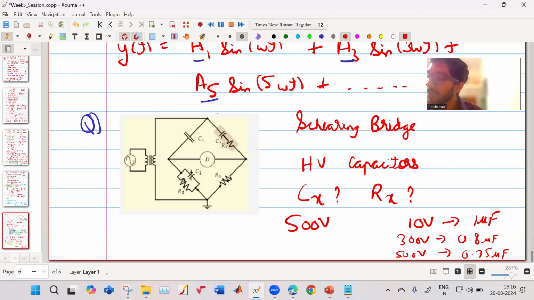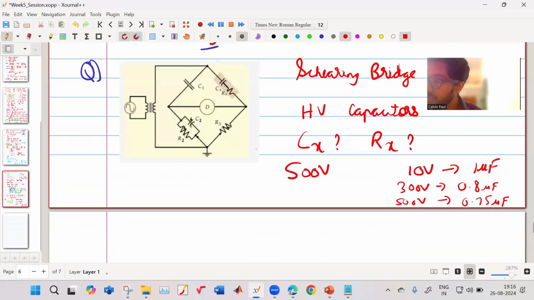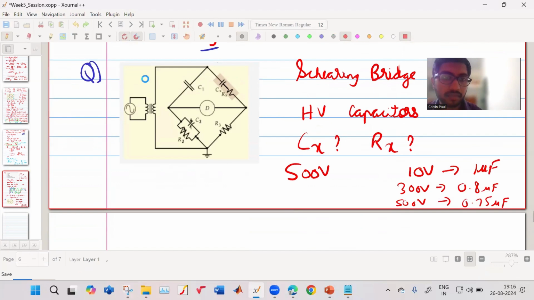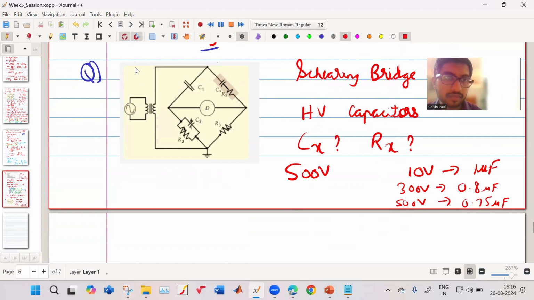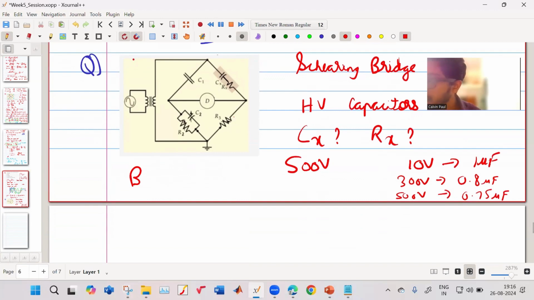Now, can you find the balance condition of the Schering bridge? This is a Schering bridge. What is the balance condition for this?